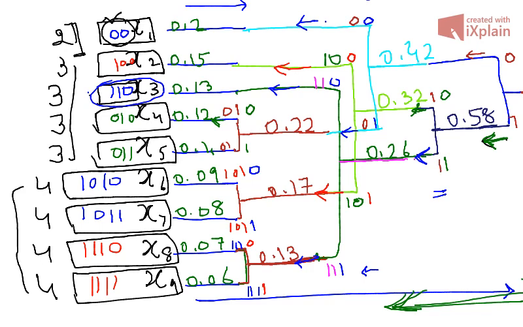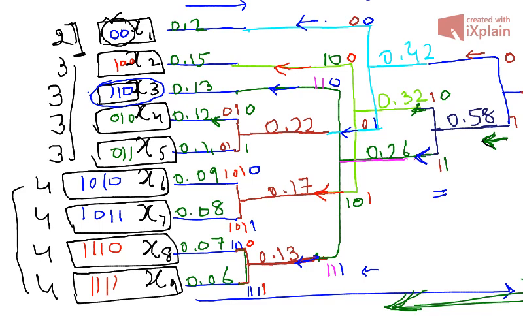You can see there is no 110 in the prefix of any other code word, right? So 110, you can see x6 is 101, not 110. x7 is 101, not 110, right?